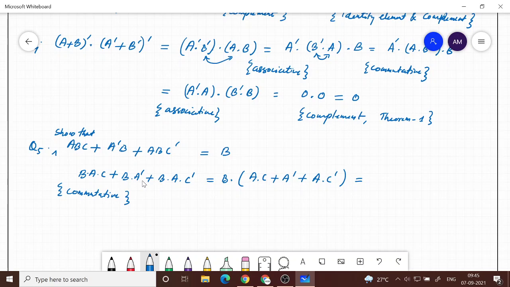Now I can combine the first and the last term. I can write a dot c plus c bar plus a bar.